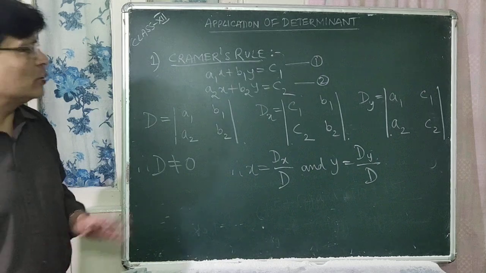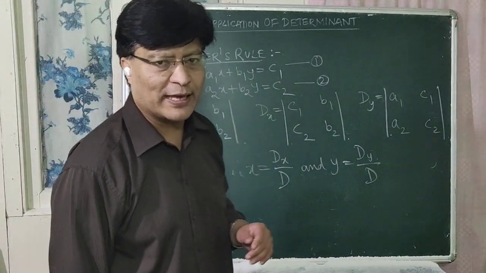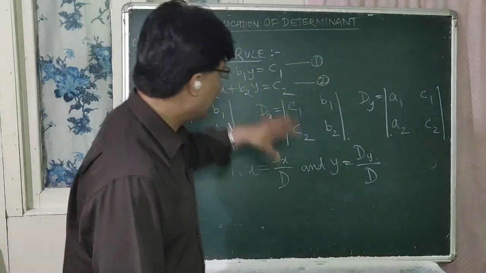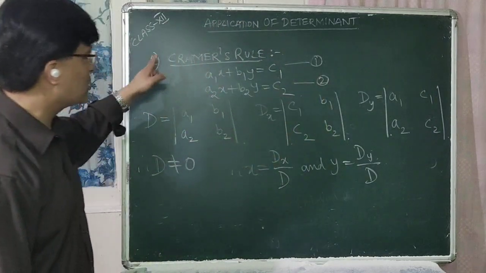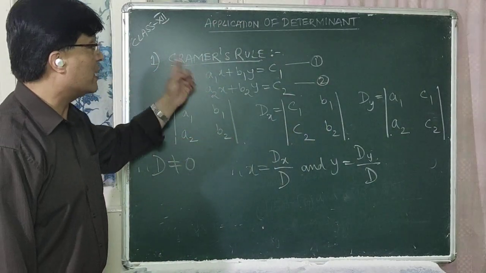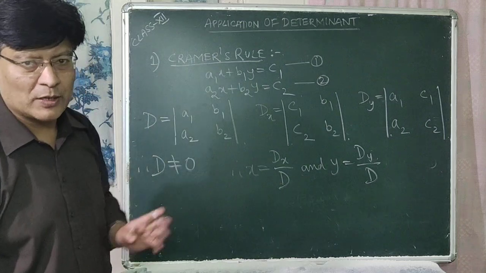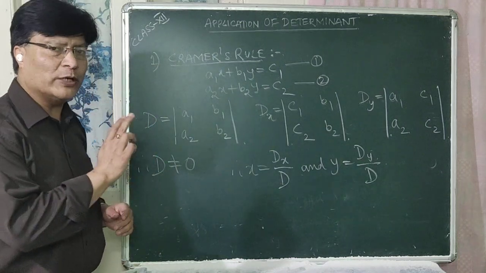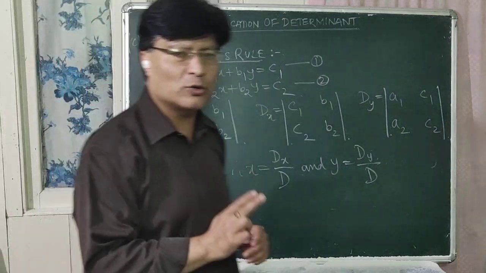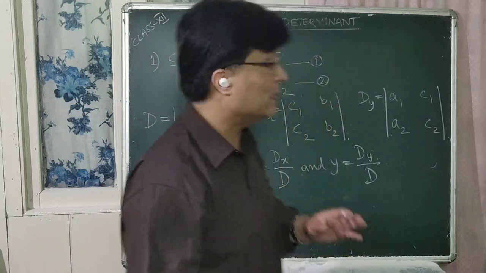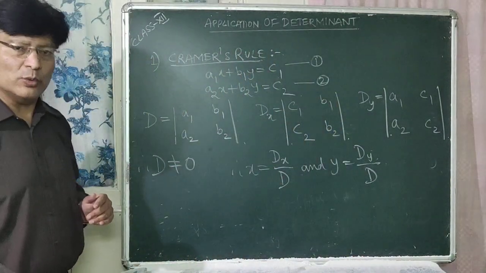That means you cannot get the values of x and y. Is that clear? And this method is known as what? Cramer's rule. So this is for two equations with two unknown quantities x and y. Okay, so this is known as Cramer's rule.